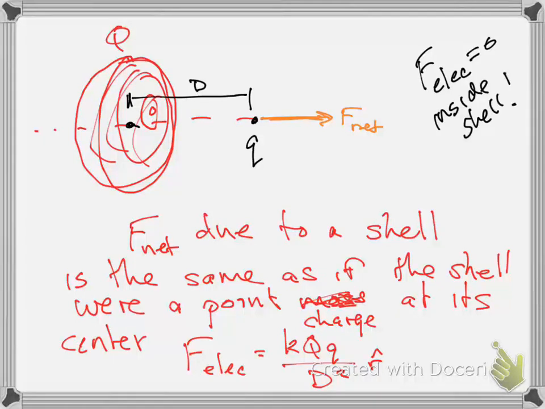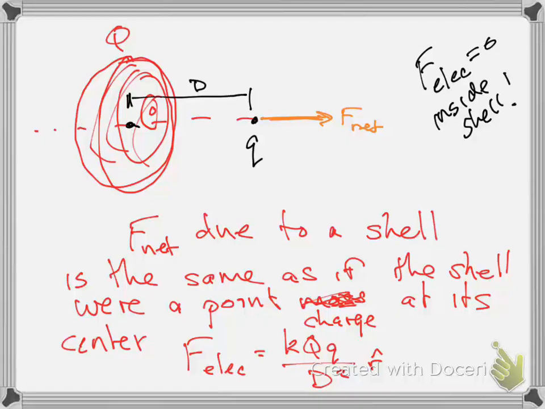And if I make this shell a solid sphere, it's a bunch of shells. And so if I'm outside a solid sphere of charge, then the solid sphere looks to any point charge outside the solid sphere as if it is a simple point charge with all its charge concentrated at its center, and still has the electric force that has the same form as Coulomb's law, k Q q over r squared, where r is the distance between their centers.